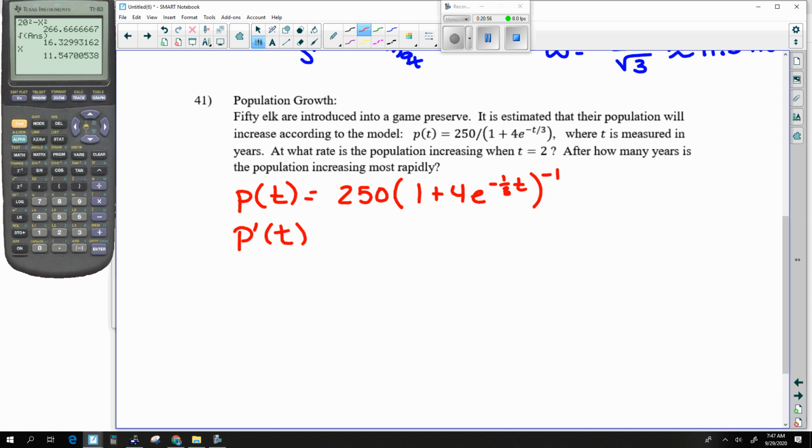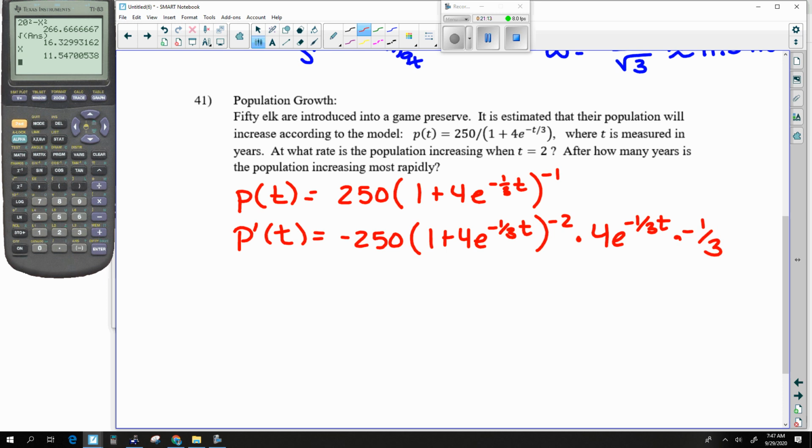So the derivative, multiply the outside. Negative 2, derivative on the inside is 4e to the negative 1/3 t times negative 1/3.